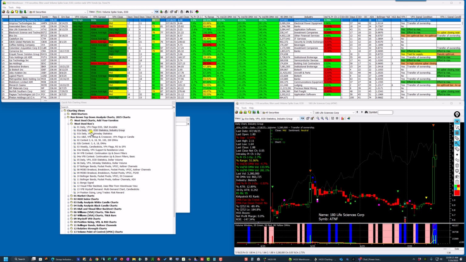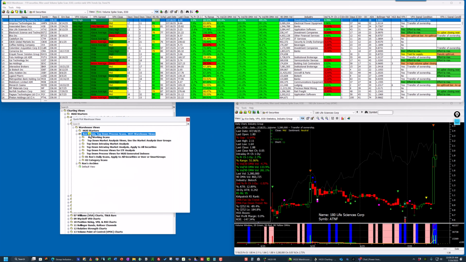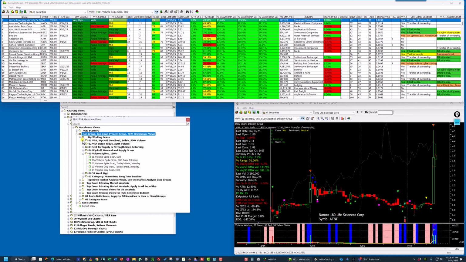And the filter I'm using right now is, let me get out of here. Well, it's under my working scans, and it's volume spikes 150%, and I'm currently on this scan right here.